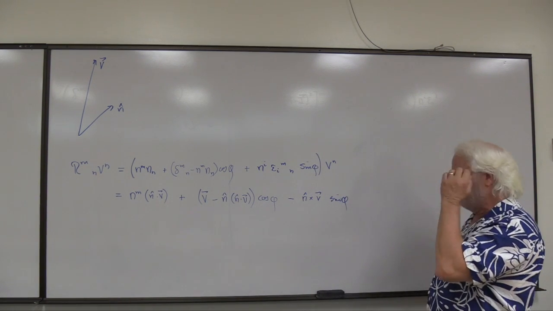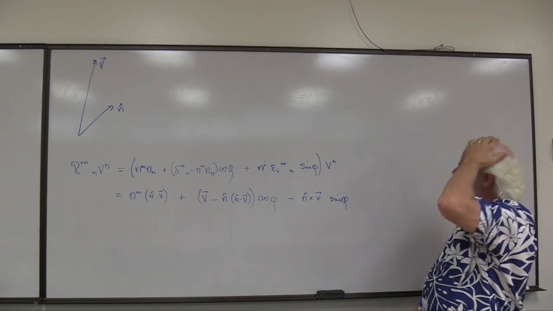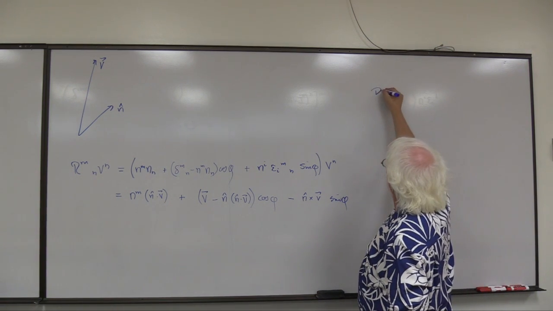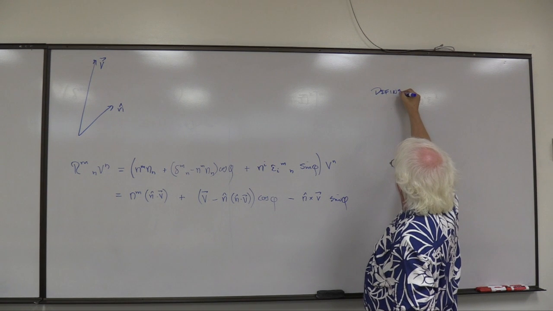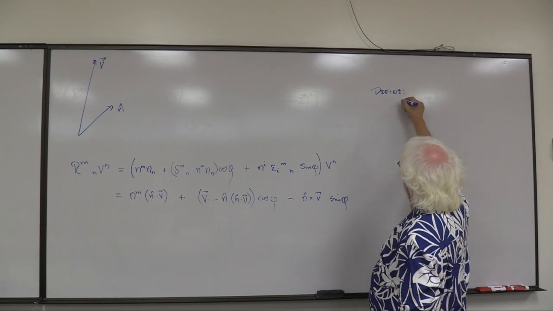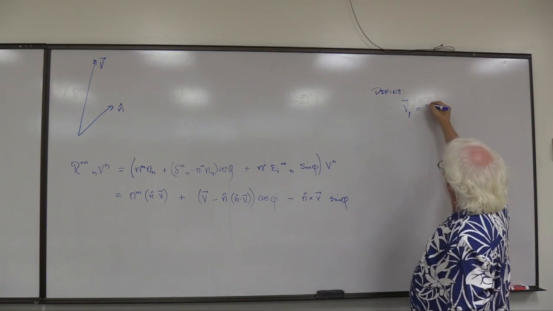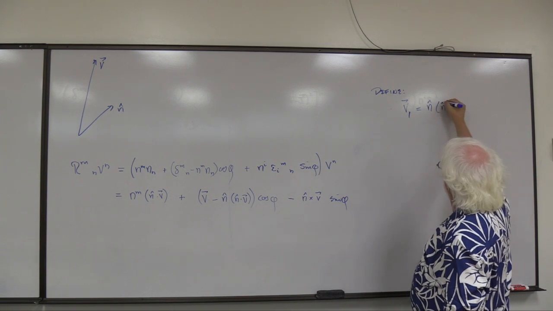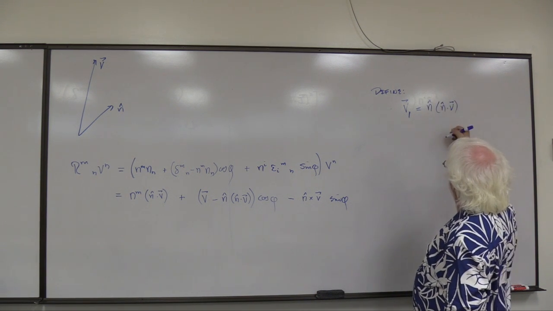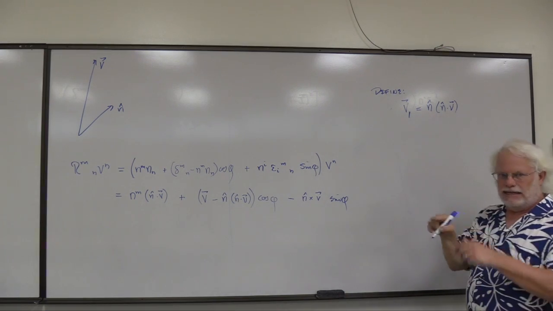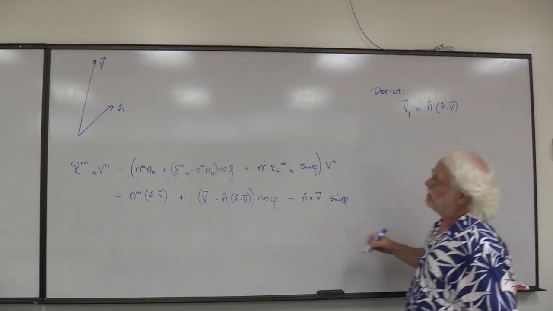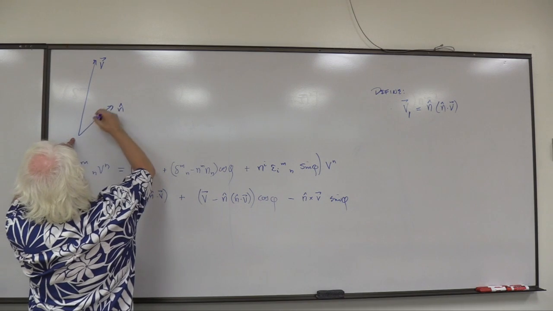Okay, now, what is this? It helps to define v parallel as a vector along n. So you take the component of v in the n direction, multiply by n, and that's the part of v. So I'm taking the dot product here.